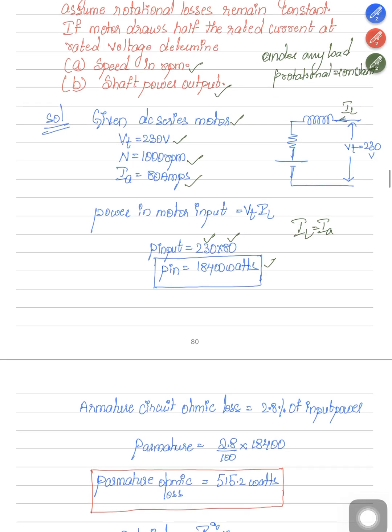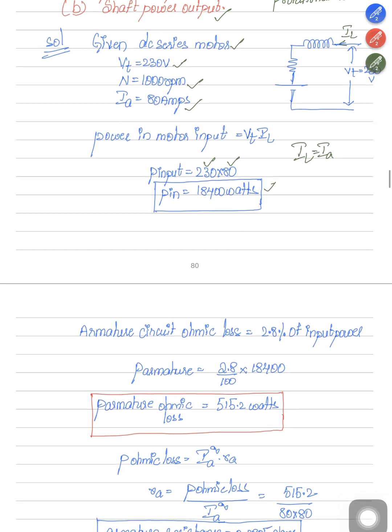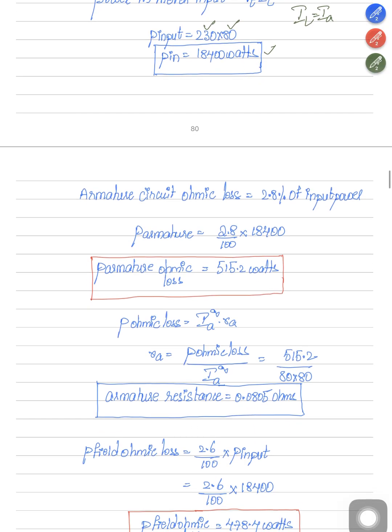Now bifurcate the losses. They gave the armature circuit ohmic losses as 2.8% of input power. I already calculated the input power. Now I am calculating the armature ohmic losses, which is 2.8% of input power. I got armature ohmic losses of 515 watts.